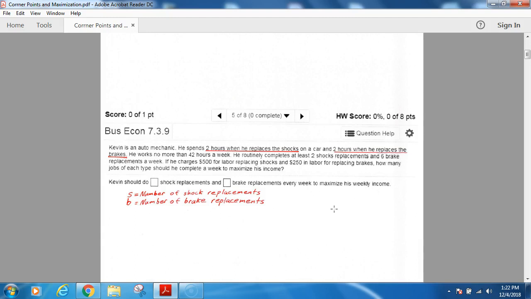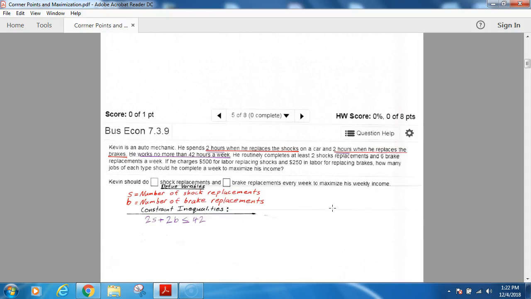After we come up with those inequalities, we'll come up with a feasibility region, and then finally, we're going to maximize an objective function. But let's not get ahead of ourselves. Let's first come up with those constraint inequalities here.